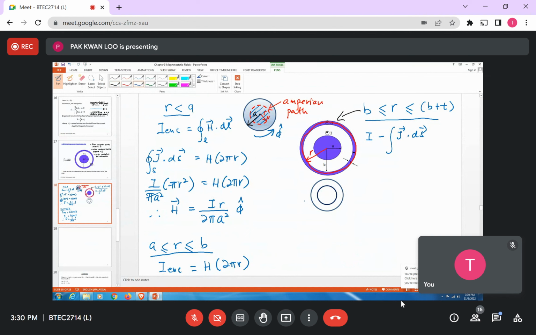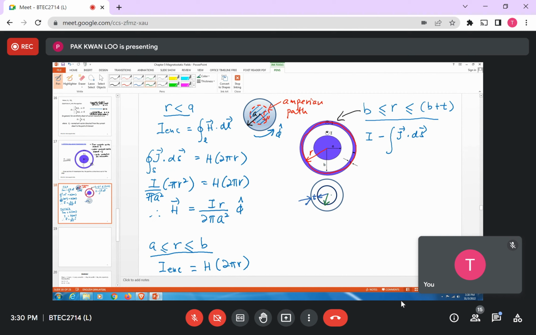Okay. So here is the thickness. Here is the thickness T. So we have a thickness T and the outer radius, which is B here. For this diagram that I'm drawing, I have excluded the inner one.